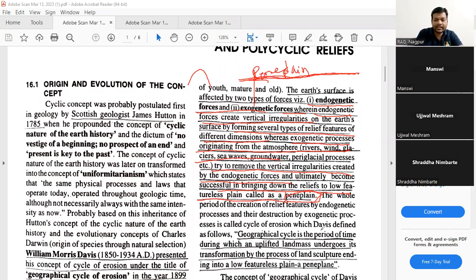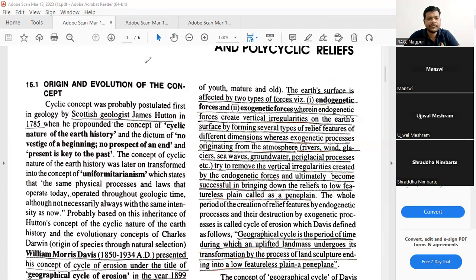As Davis defined, the geographic cycle is the period of time during which an uplifted landmass undergoes its transformation by the process of land sculpture, ending in a low, featureless plane or peneplane. This is the definition of the geomorphic cycle or geographic cycle, whatever you want to call it.